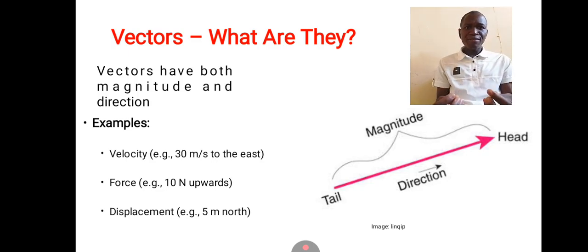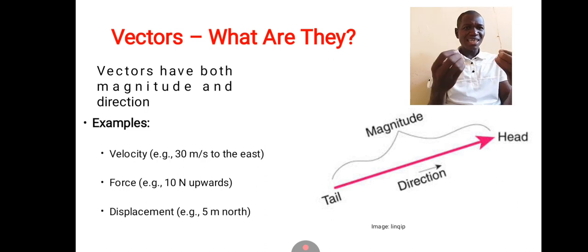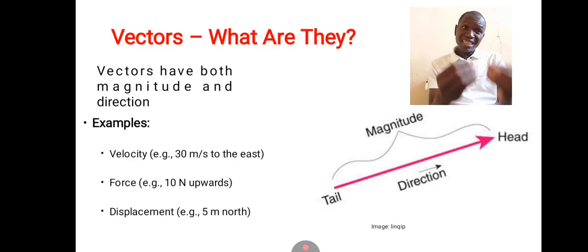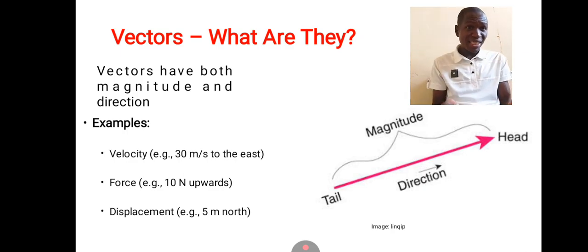Let's go. All right, what are vectors? Vectors, on the contrary, are quantities that have both magnitude and direction. Understanding vectors will help us to differentiate between vectors and scalar quantities. Let's take an example.